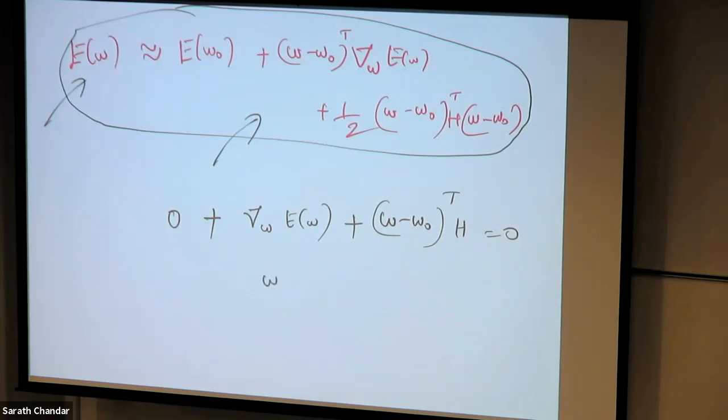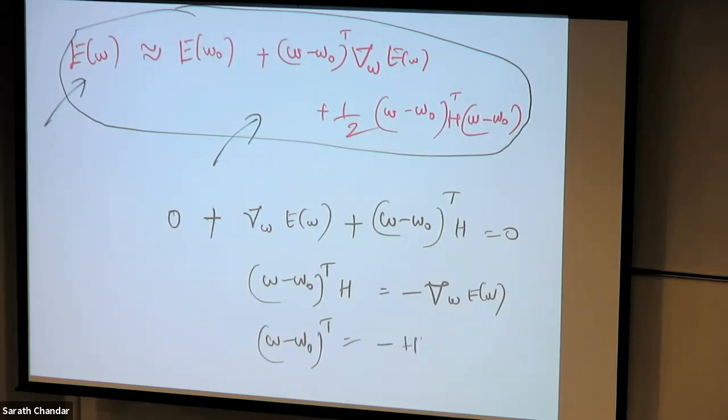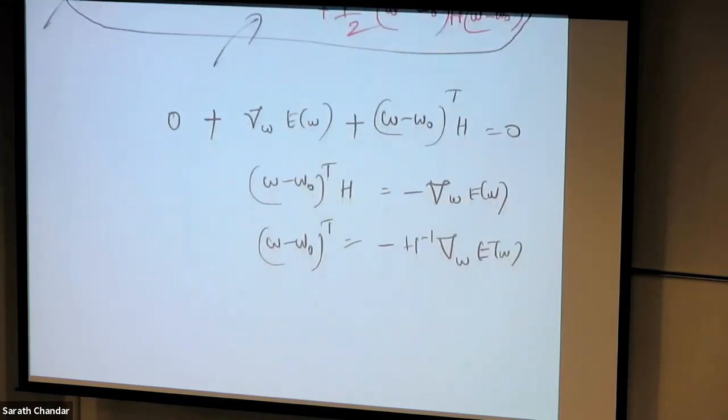Now, W minus W0 transpose H is equal to minus gradient. So W minus W0 transpose is equal to minus H inverse of the gradient. Now, W is equal to W0 minus H inverse of the gradient.